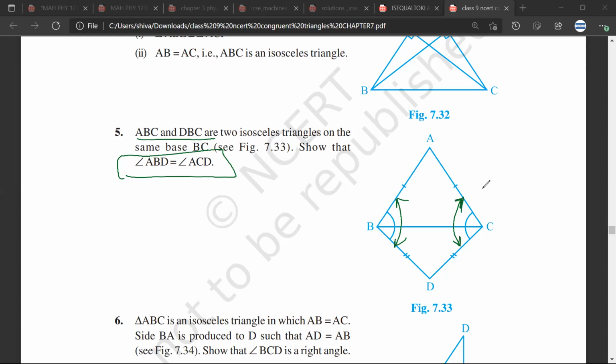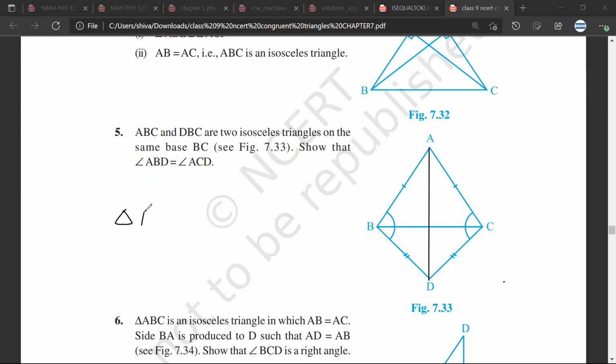Yes, sir. So AC is equal to AB. That's why angle ABC will be congruent to angle ACB.